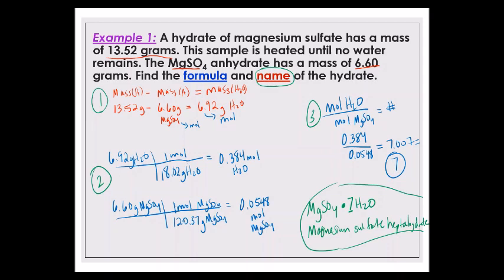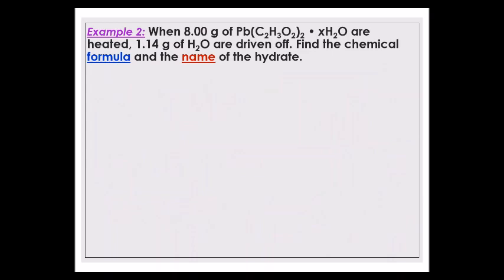So for the last 7 minutes here, let's go ahead and look at this other problem. It's just slightly different than the first one. Anybody, once you finish reading it, can tell me what the slight difference is from example 1?